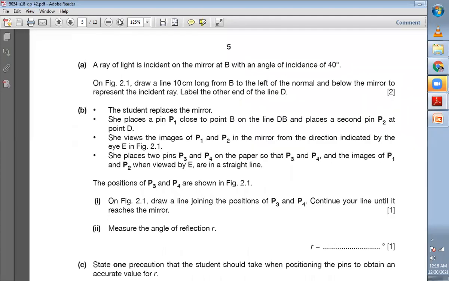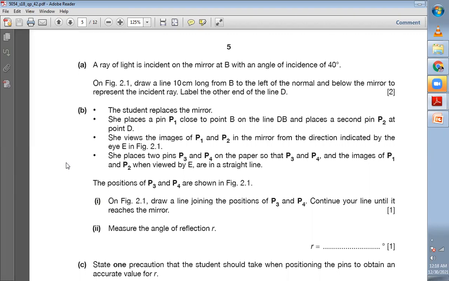Then they say that the B part, the student replaces the mirror. She places a pin P1 close to the point B on the line DB and places a second pin P2 at the point D. She views the image of the P1 and P2 in the mirror from the direction indicated by the I in the figure 2.1.